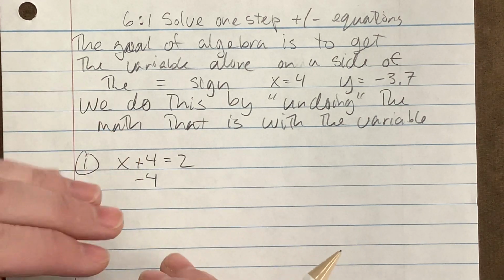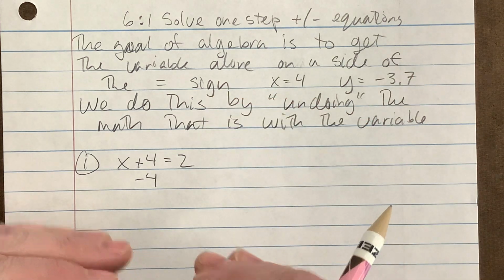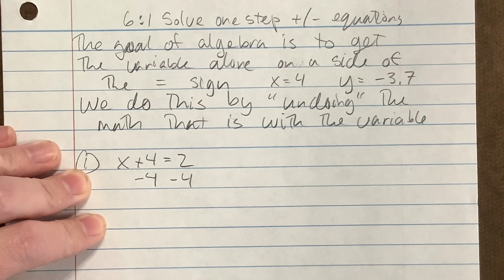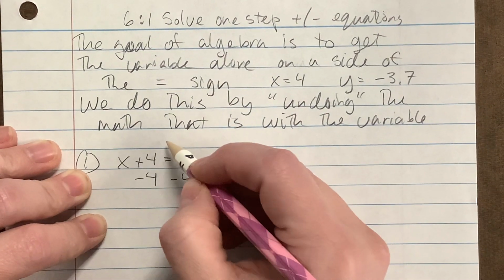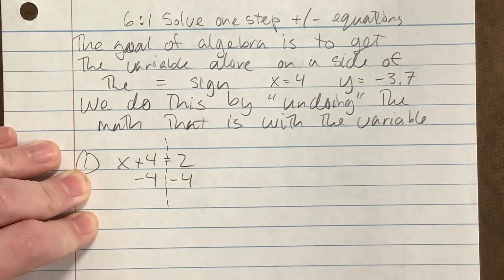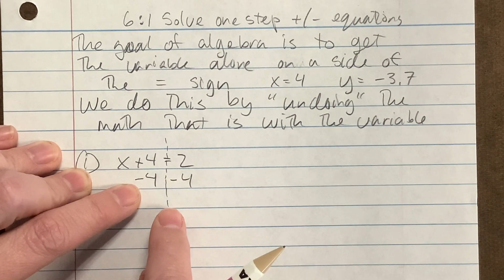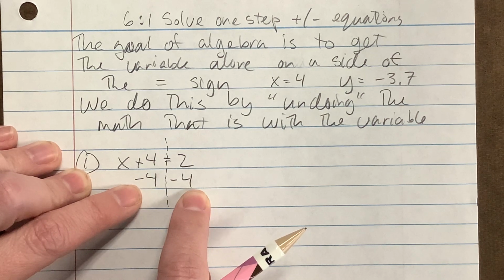And if we take 4 away from one side, we have to also take 4 away from the other side to keep it equal. Sometimes if you want to, you can draw a dotted line down that equal sign to help you remember that you want to have one of whatever you're doing on one side and one of whatever you're doing on the other side.